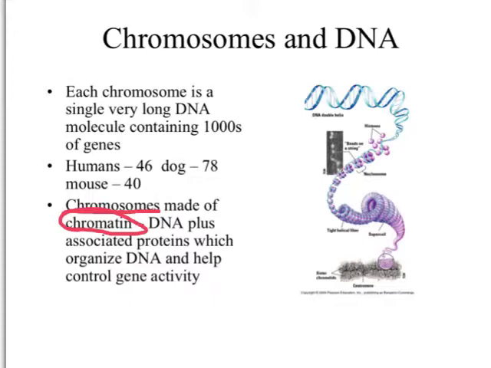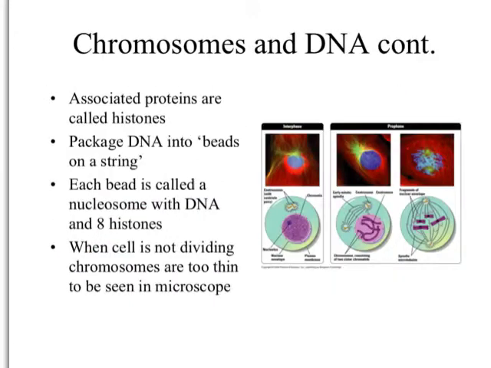So chromatin is DNA plus proteins, and all of that wound together makes a chromosome. The proteins that are attached to the DNA and are helping control gene expression and holding it together are called histones. Those are the special proteins that are associated with the DNA.